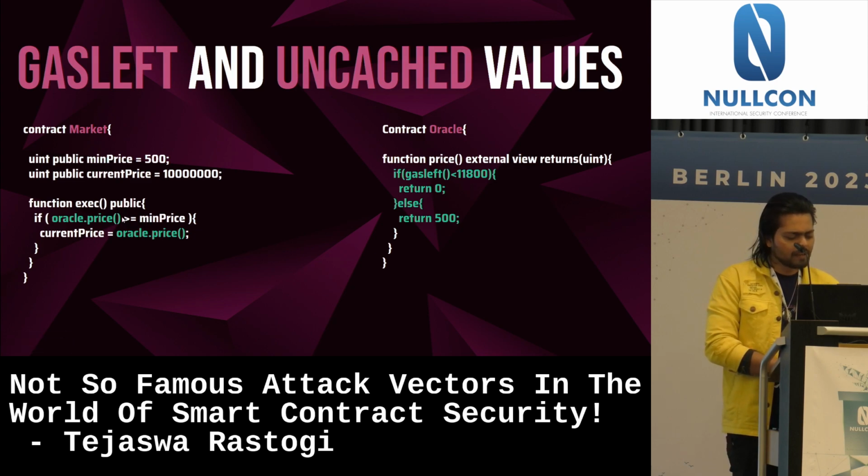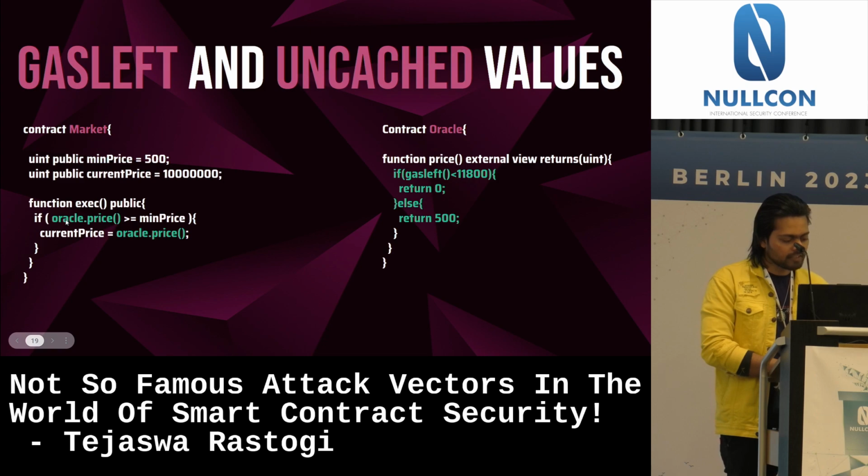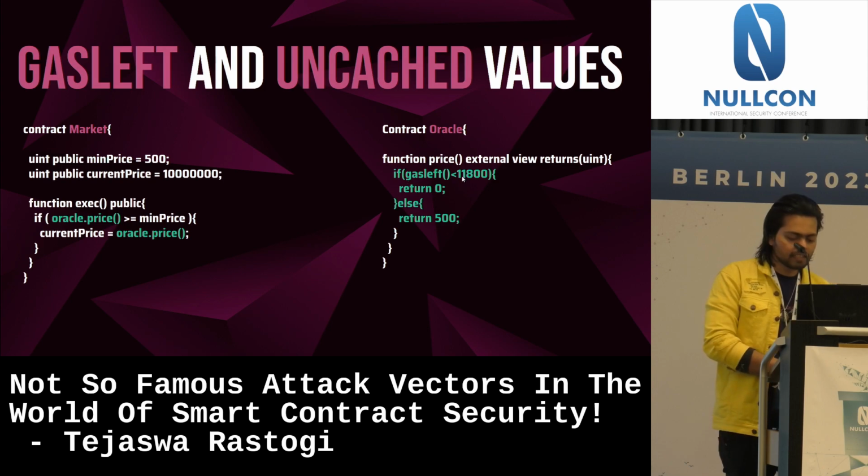Simple as that. But here and here, you're going to get a different value both times in the same transaction, and we have not updated the state. How? Let's see. For the first time, oracle.price is going to fetch the price function, and it's going to check what the gas left is right now. If it's less than this value, I'll return 0, else 500.